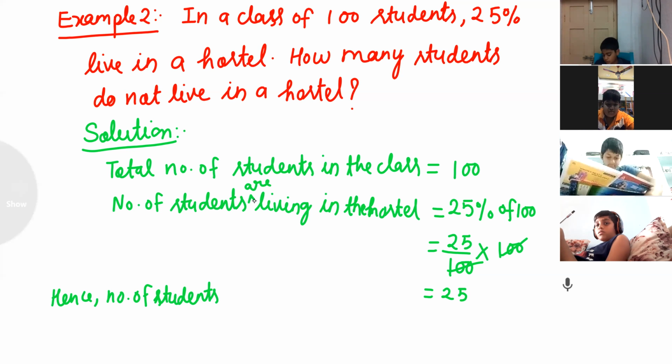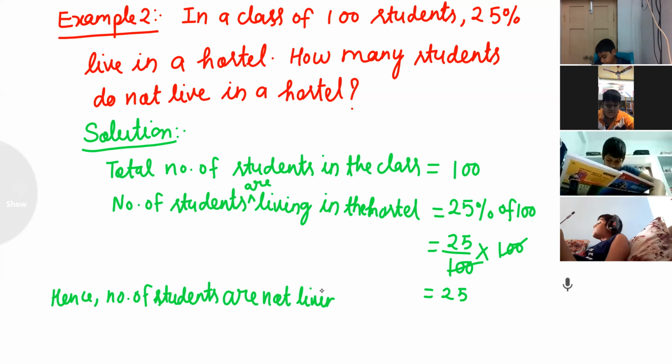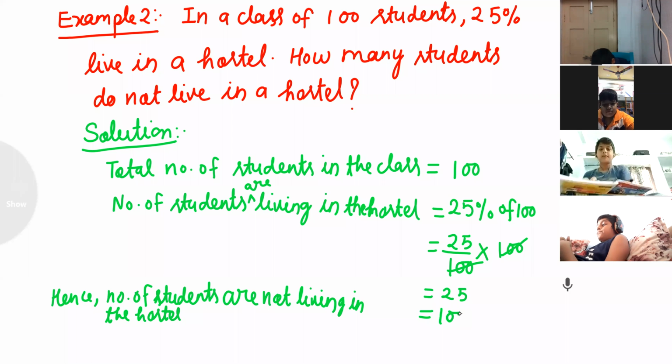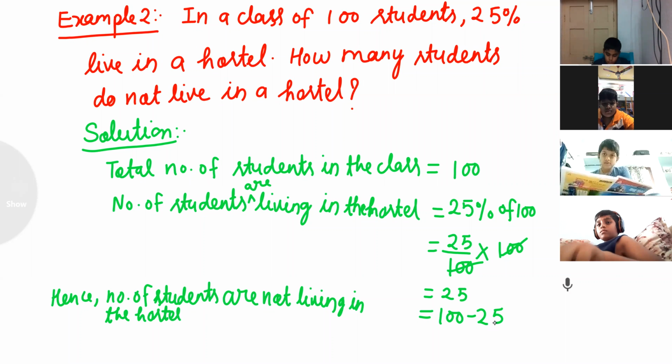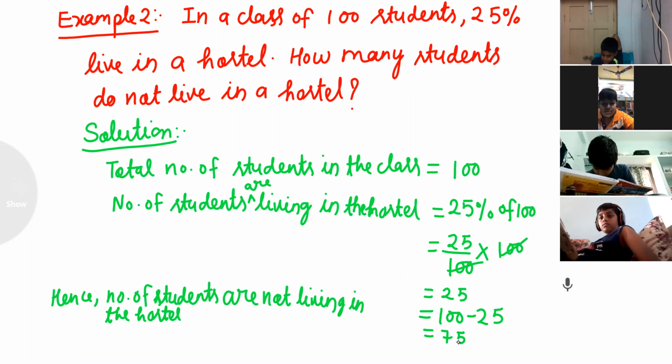Number of students are not living in the hostel. Total number of students is 100. Out of 100, 25 are living in the hostel. It means 75 students are not living in the hostel. Write down.